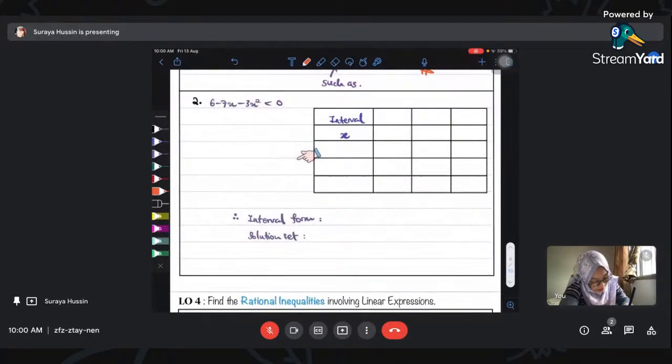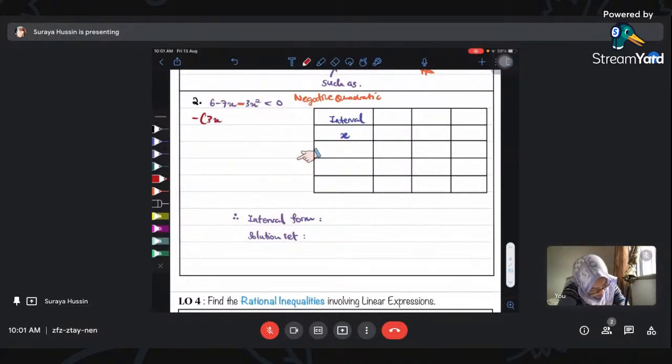So now dekat sini you akan perasan, wow Miss, this is negative quadratic. Wow. So kalau dia negative quadratic, make sure you positive it first. Positifkan yang negative. So positifkan dia, cara nak positif adalah factor out the negative.